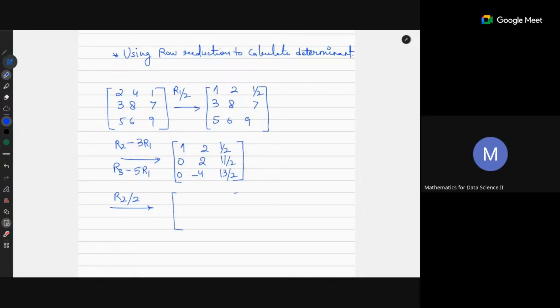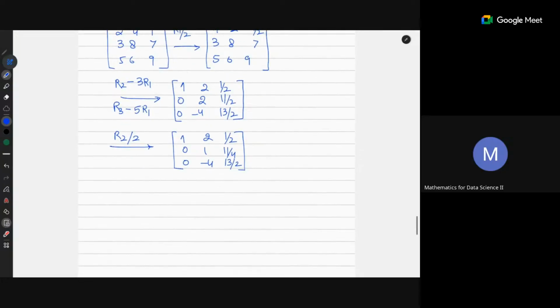We will get 1, 2, half, 0, 1, and then 11 by 4. The third row remains as it is. And now we need to make this 0, so R3 plus 4 R2.